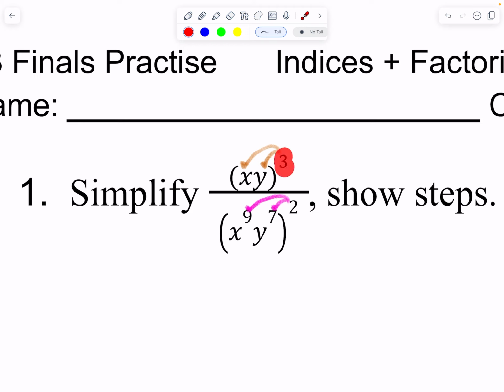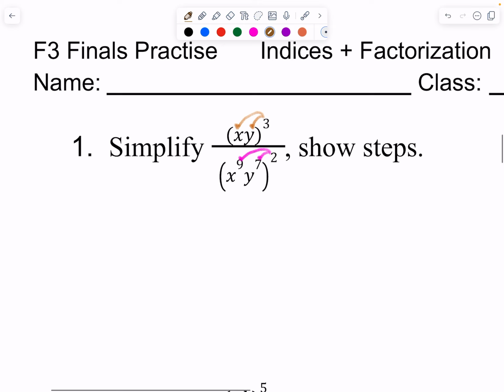Then the power outside can go inside and multiply with the powers. 1 times 3 is 3. So that's why your x is now having the power 3. Same for the y. It was hidden 1, 1 times 3, 3. And then draw the line.